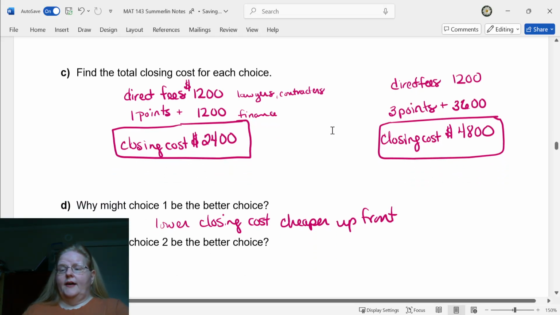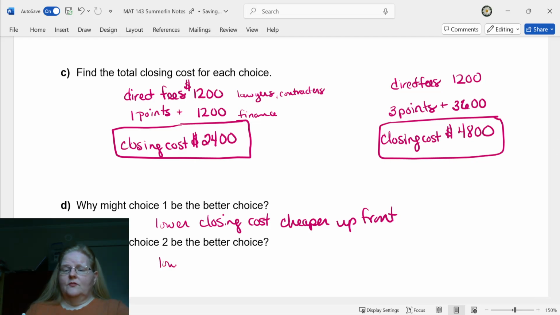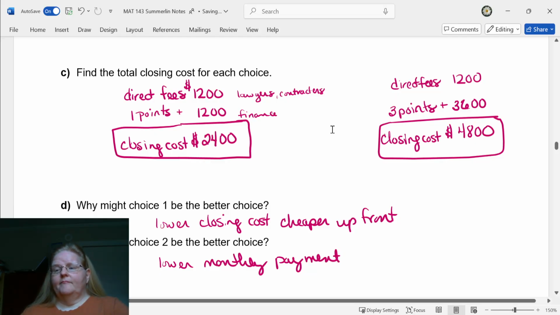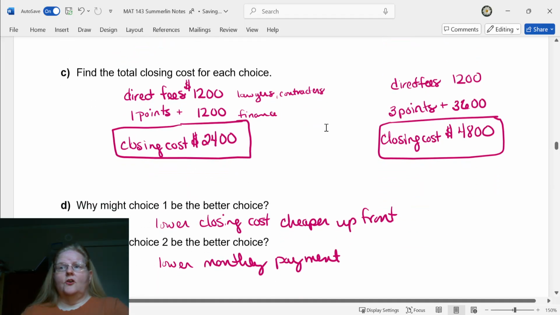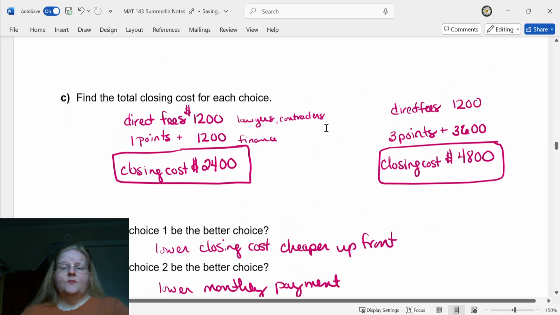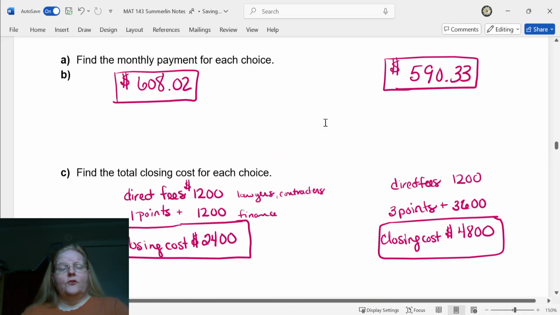Choice 2 has a lower monthly payment. Now the question is, which one's cheaper in the long run? This one wasn't asked. Overall, which one's cheaper?